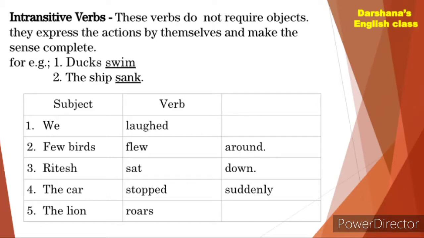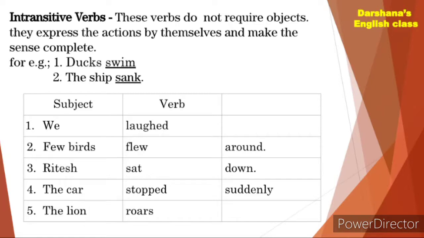And there are these sentences. If you use it without the object, it will make sense, and if you use it with an object, it will also make sense. We laughed. Few birds flew around. Ritesh sat. Where? Ritesh sat down. The car stopped. When? Suddenly. The lion roars.